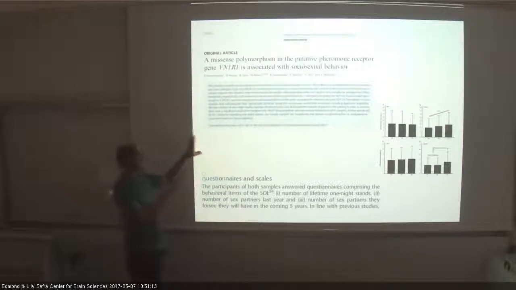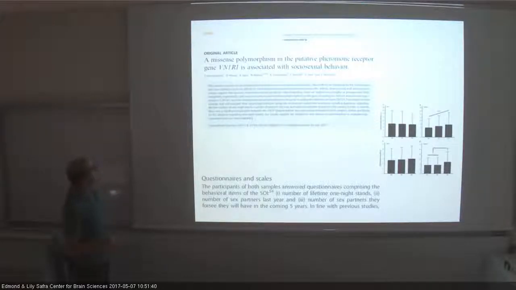And what they did in the study was to test the correlation between this genotype and sexual behavior of people, as reported by a long questionnaire. And there is some measure that they call here the social something index.